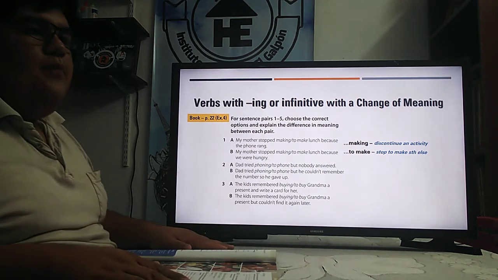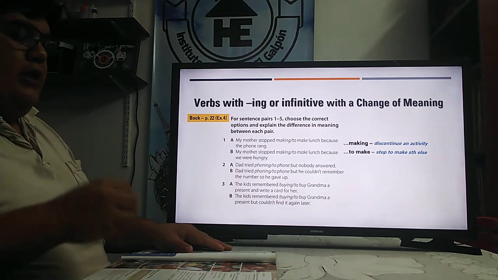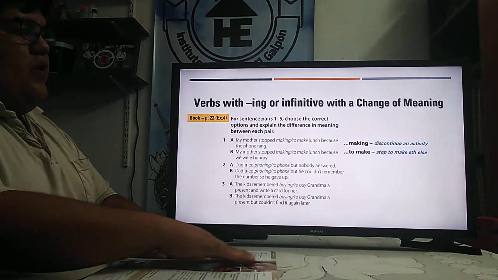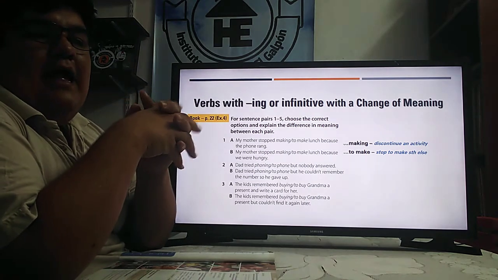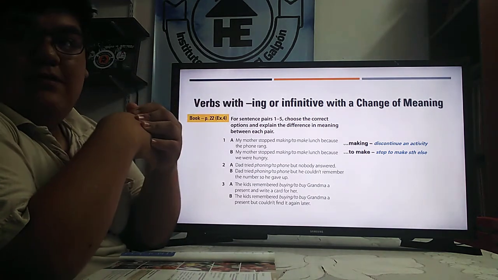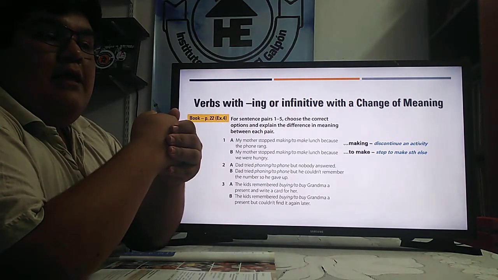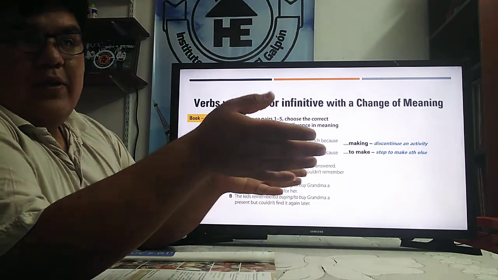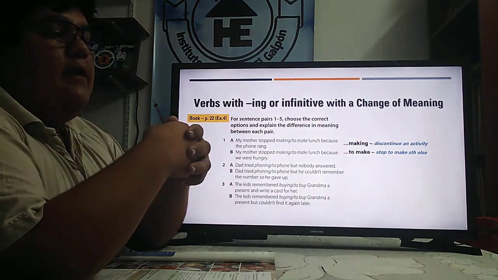Or I can say, for example, here there is a very clear example. That is when we use stop plus ing. It is like stopping a habit, for example, a bad habit like smoking. I can say Frank stopped smoking, okay? And then we have stop to.